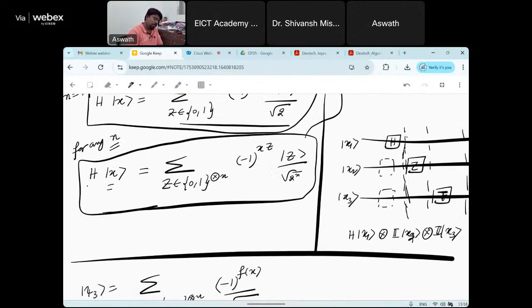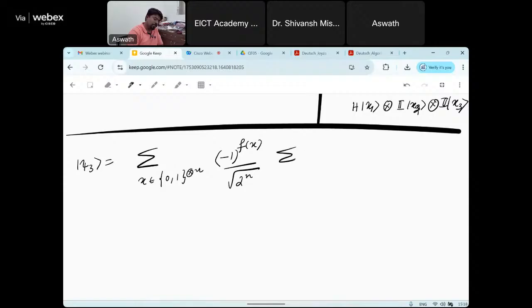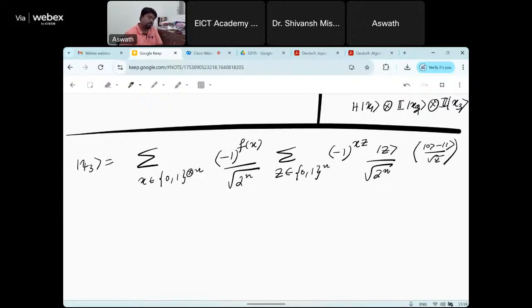Let me put that as it is: summation over z belonging to {0,1}^n, (-1) to the power of x·z, |z⟩ divided by 2^(n/2), followed by |0⟩ minus |1⟩ divided by square root of 2. This is what psi3 looks like for any generic number n of query registers.